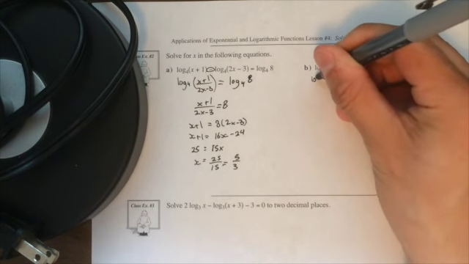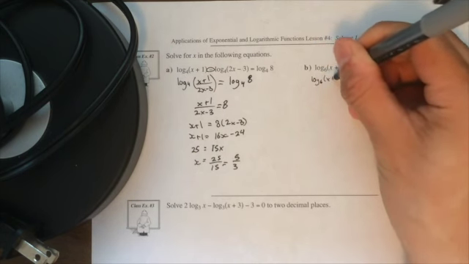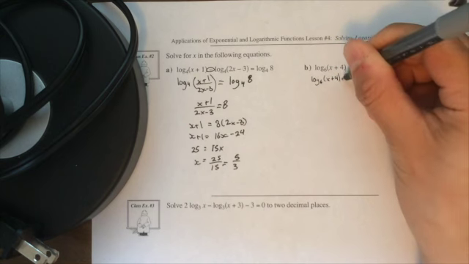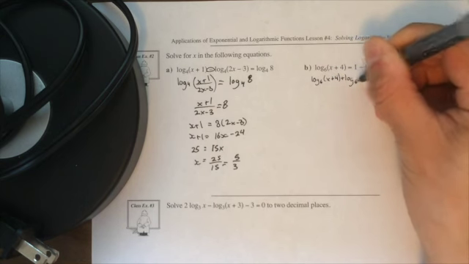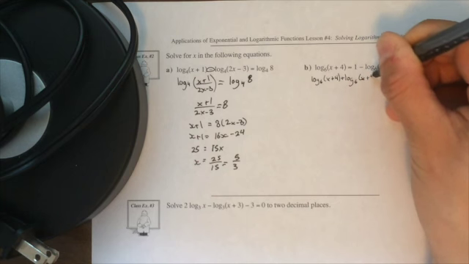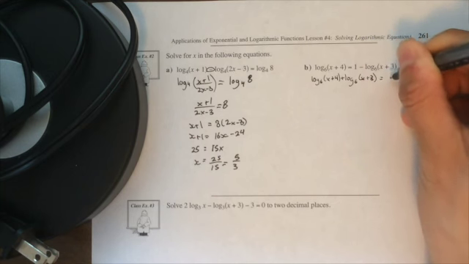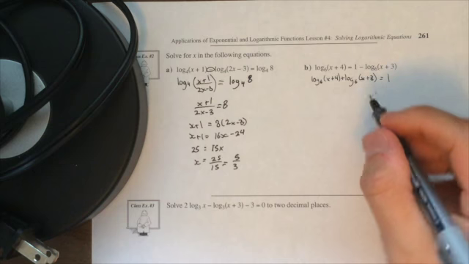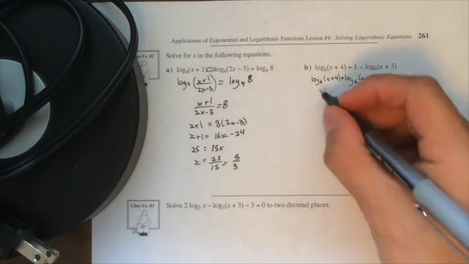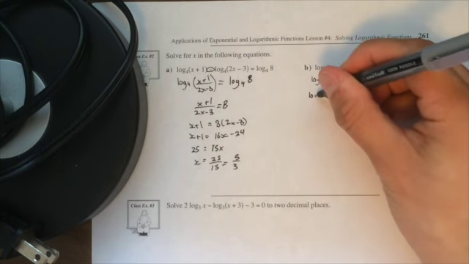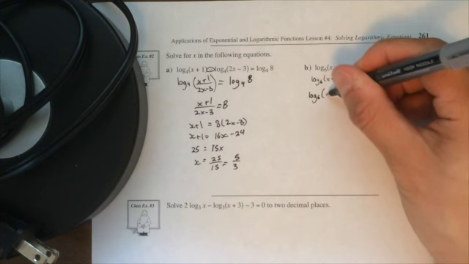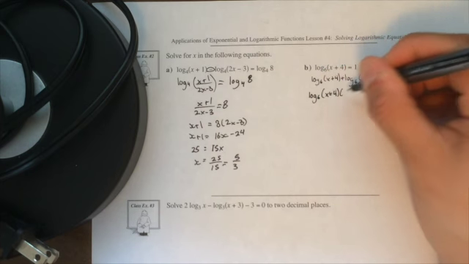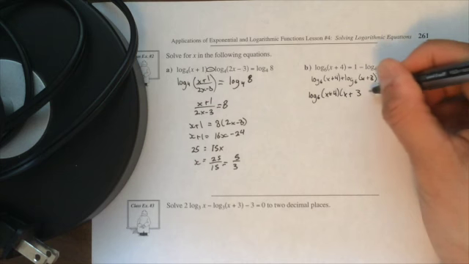So we're going to end up with log 6 of x plus 4 plus log 6 of x plus 3, and that is equal to 1. Now what I can do is use my product law, where I'm going to have log 6 of x plus 4 times x plus 3 is equal to 1.